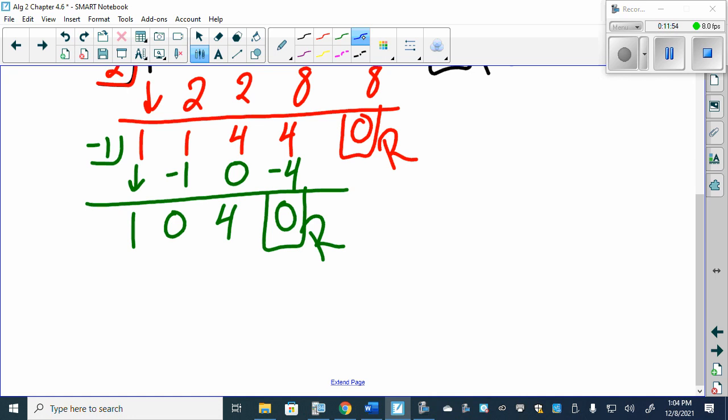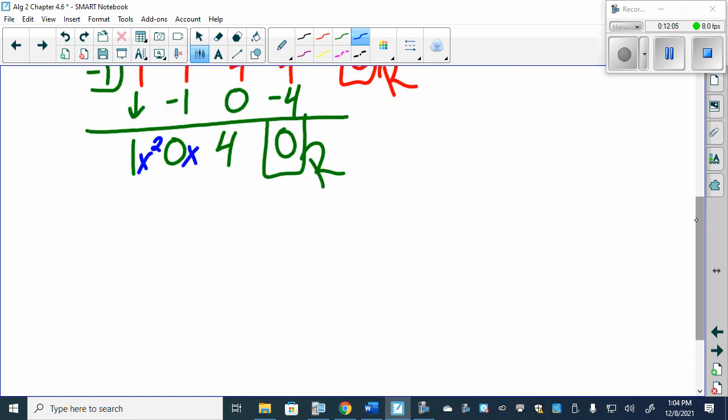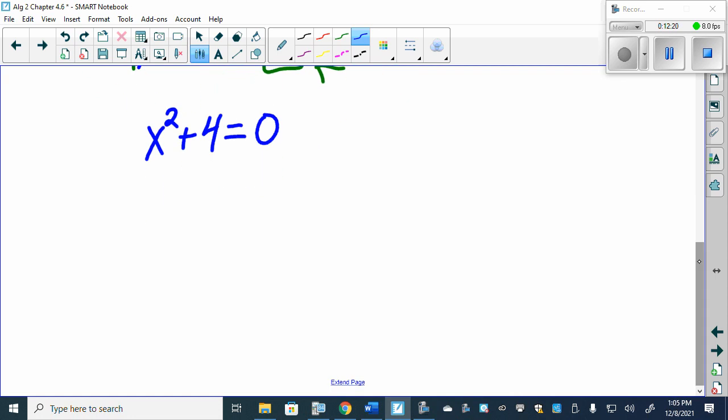So we can plug the variables back in. 4 would be our constant term, 0 would be with x, and 1 would be with x squared. Which really tells us that our final equation, or what we're working with now, is x squared plus 4 is equal to 0. Now, because it doesn't have a middle term, we can use the square root method, which we would do what first?